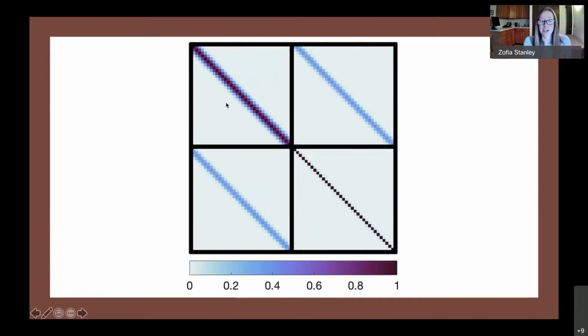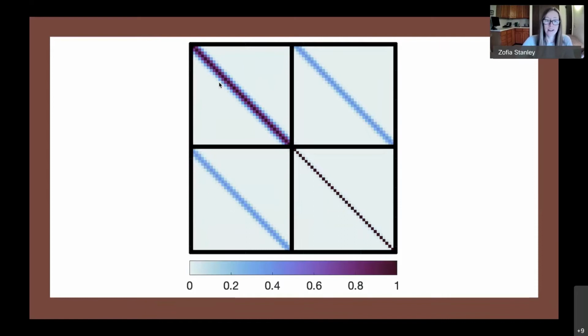Here, these diagonal blocks would be the localization matrices that we would use to localize the within-component covariances. And something we see a lot in coupled data assimilation is that the localization radius that we want to use can often vary widely between the different components.